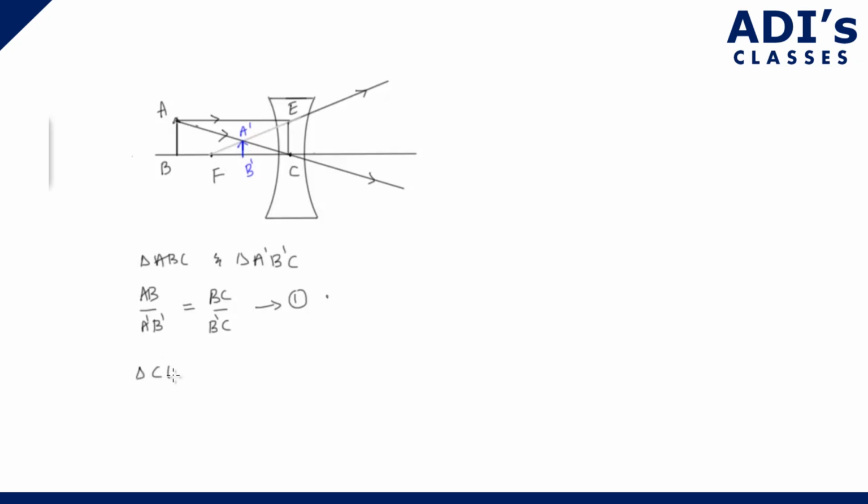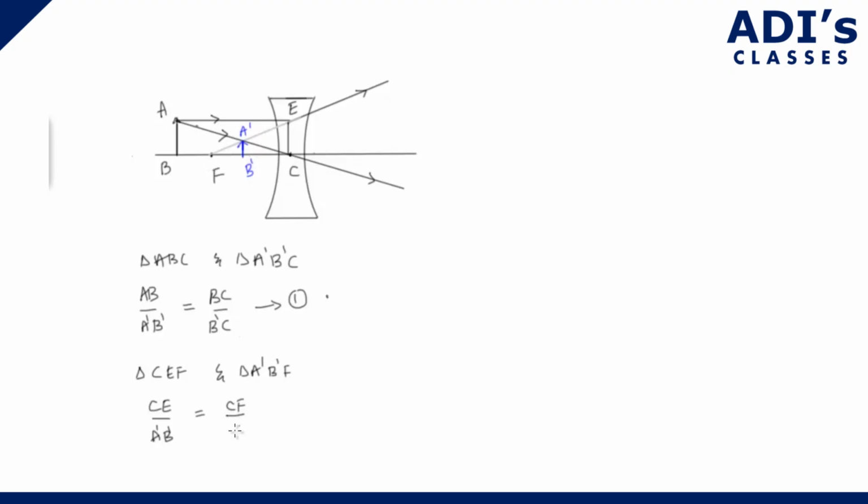So we have CE divided by A dash B dash is equal to CF by B dash F. Call this equation number 2.